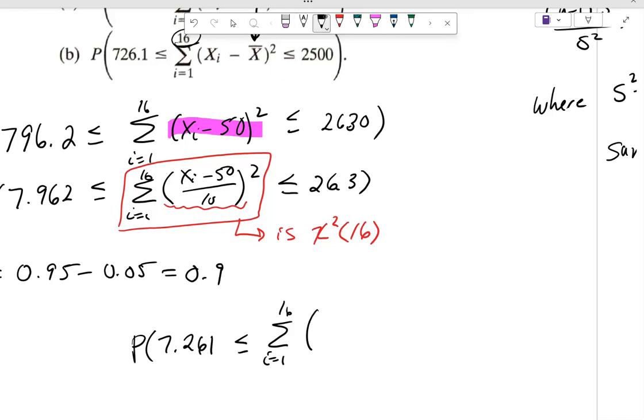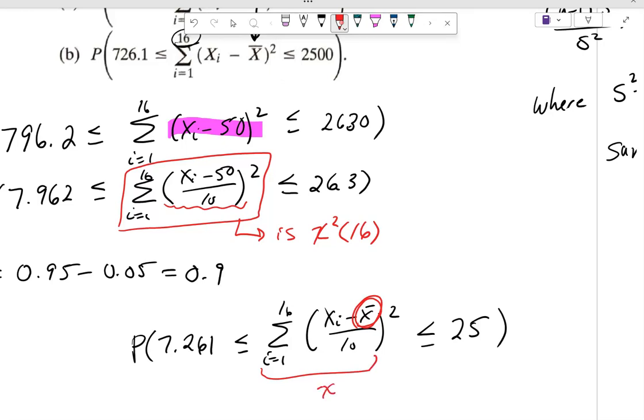And it's written this way then. But since we're using that rather than the 50, this is chi-square of 15 now rather than 16. It's one less. Okay.